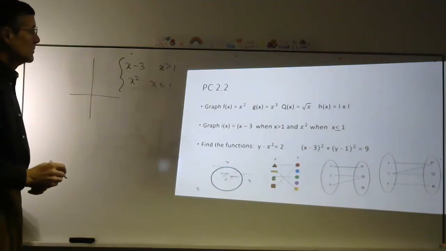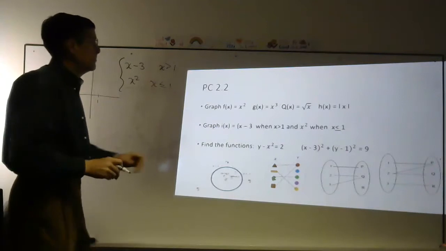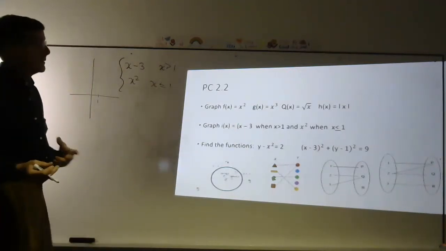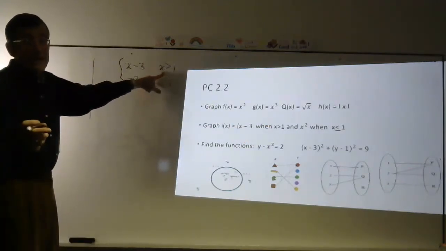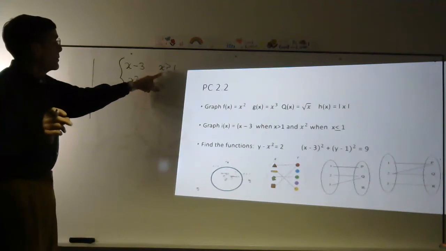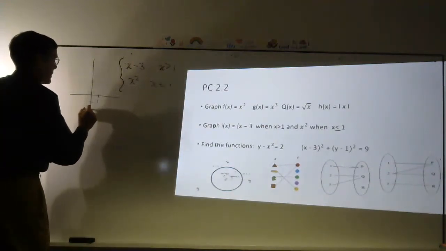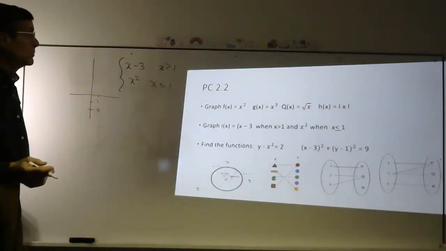Let's sketch it. When I'm bigger than 1. Okay, so here's 1. When I'm bigger than 1, it goes to x minus 3. So am I allowed to use 1? No. Okay, I'm going to do it anyway and use an open circle. If I put 1 in here, I get -2. And I know there's an open circle there because I'm not permitted to use 1.